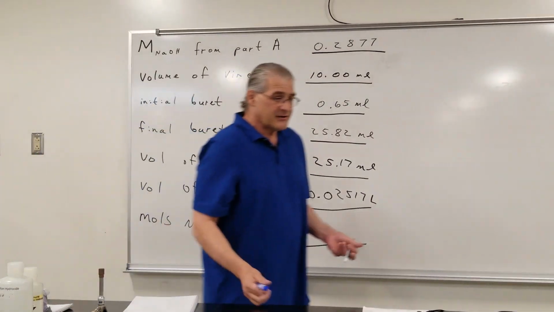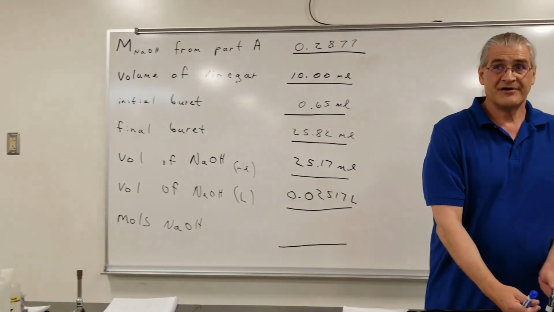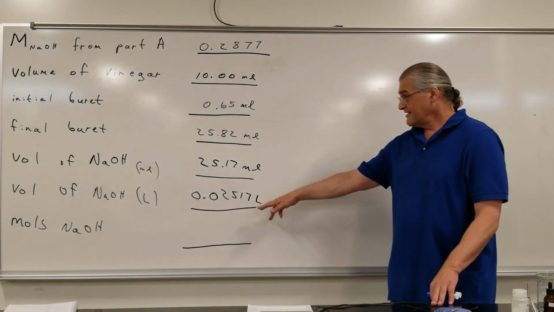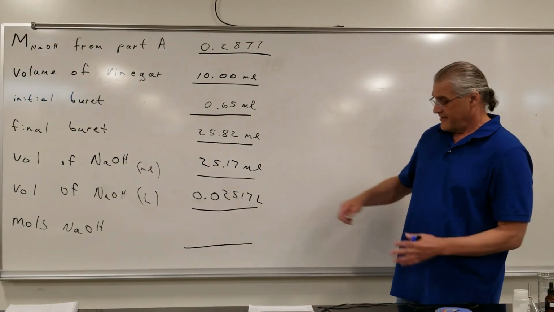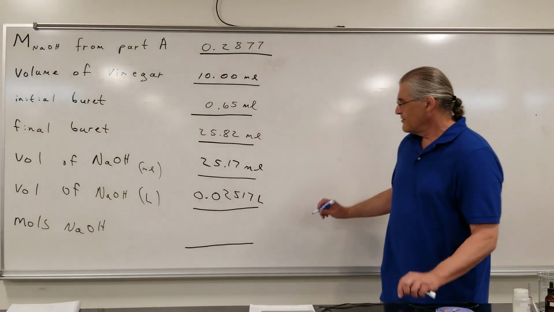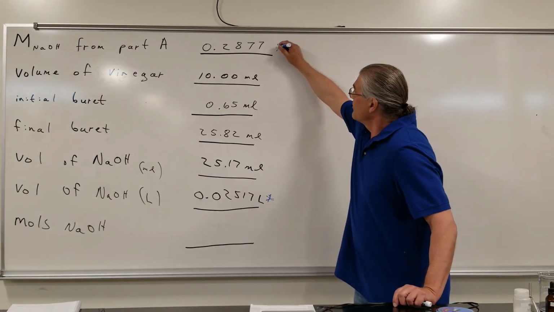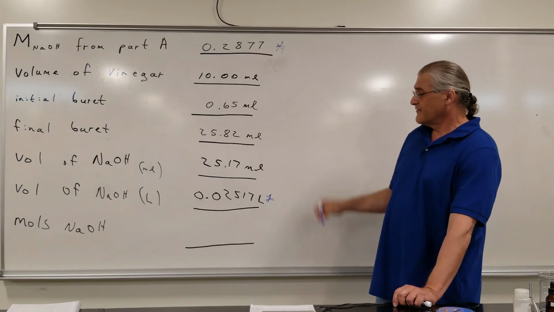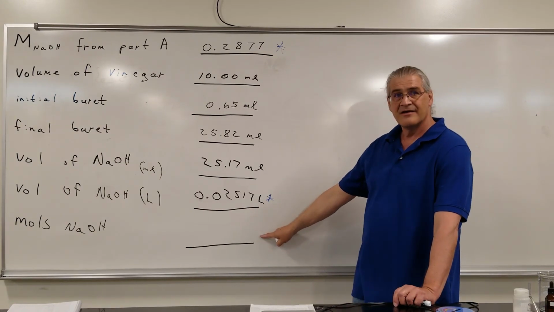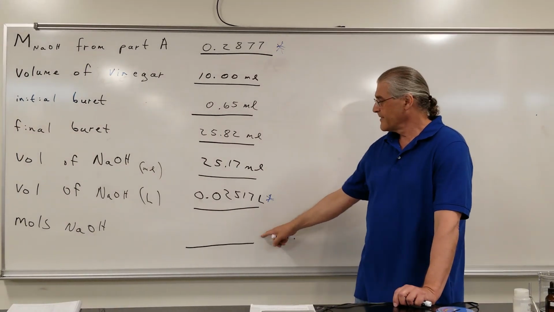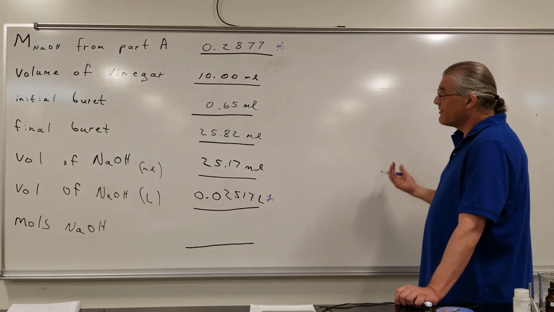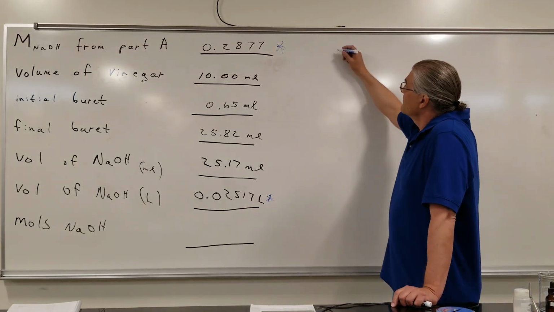Now, moles of sodium hydroxide. One of the more fundamental conversions you have to learn in chemistry is getting to moles if you're given a volume. You're given a volume here. You're given a molarity here. You've got to take those two numbers and turn them into moles. So it's a simple matter of looking at this molarity as a conversion factor.